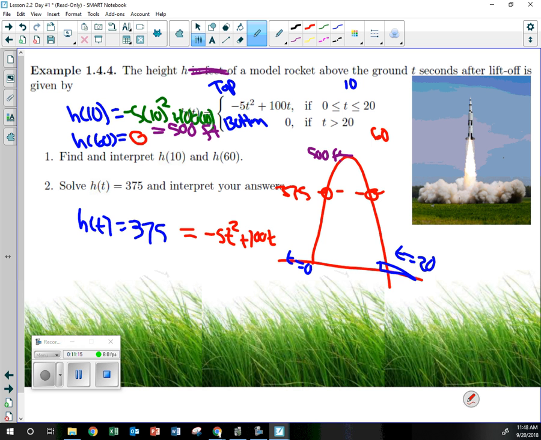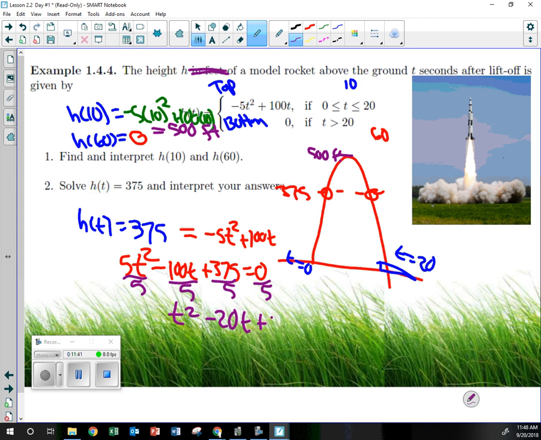Put everything on one side, and you get 5t squared minus 100t plus 375 equals 0. Divide everything by 5. What's 0 divided by 5? 0, so you'll get t squared minus 20t plus 75 equals 0.